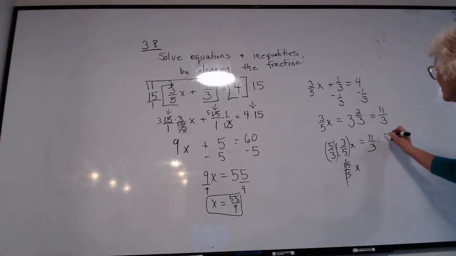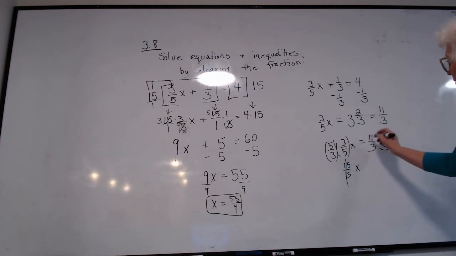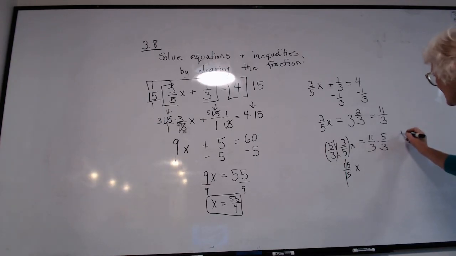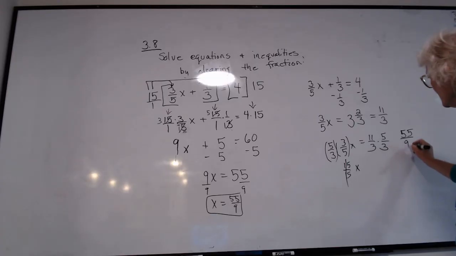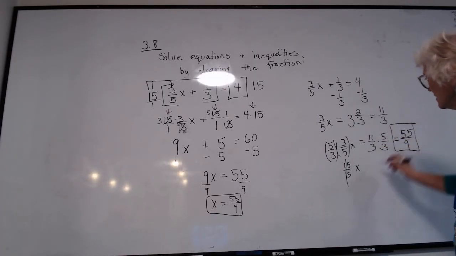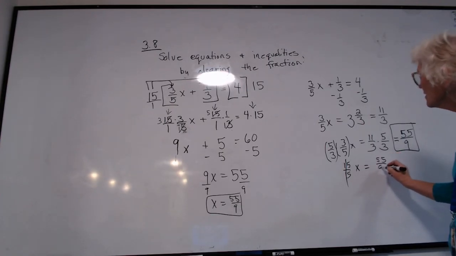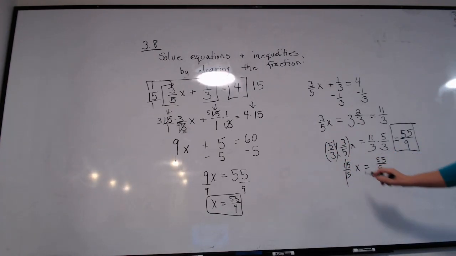But we also have to do 5 over 3 here. Right? 5 times 11 is 55. 3 times 3 is 9. Look what we get. 1x is equal to 55 over 9. Do you see it's the same answer?